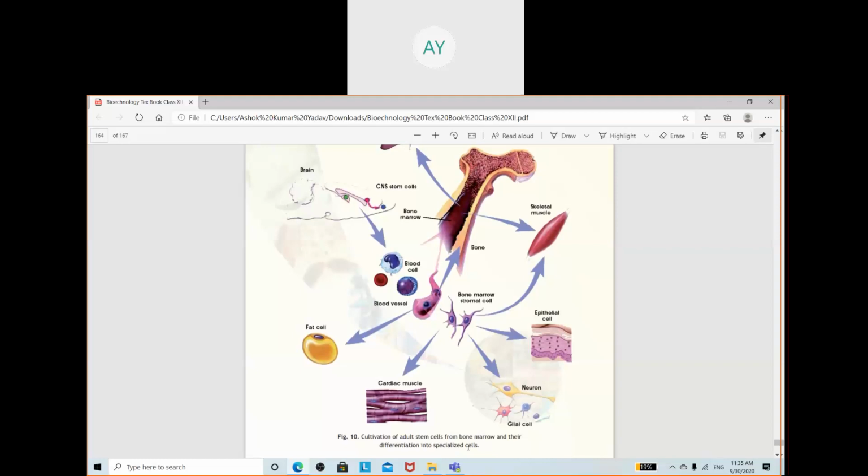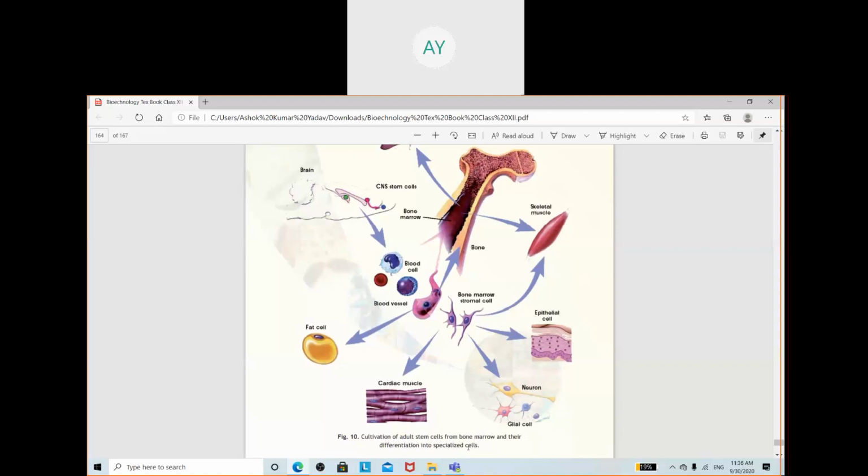So try to learn these things: the two properties of a stem cell are differentiation and self-renewal capacity, present in bone marrow cells and zygotic cells. The zygotic cell is more advanced in terms of totipotency, self-renewal and differentiation capacity in comparison to adult stem cells.